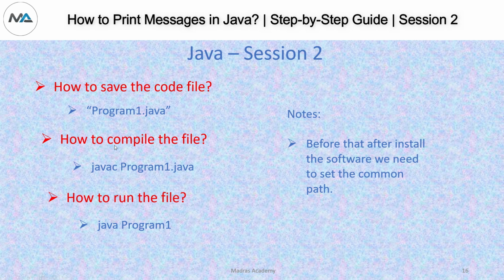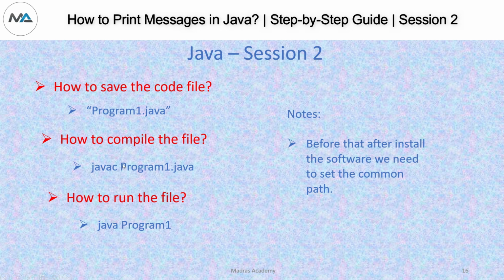After that you have to compile the program. For that I'm going to use the command window to compile the program. We need to write javac, that class name dot java, that is the file name, and the class name is the same. So javac program1.java, this is the command to compile the file.